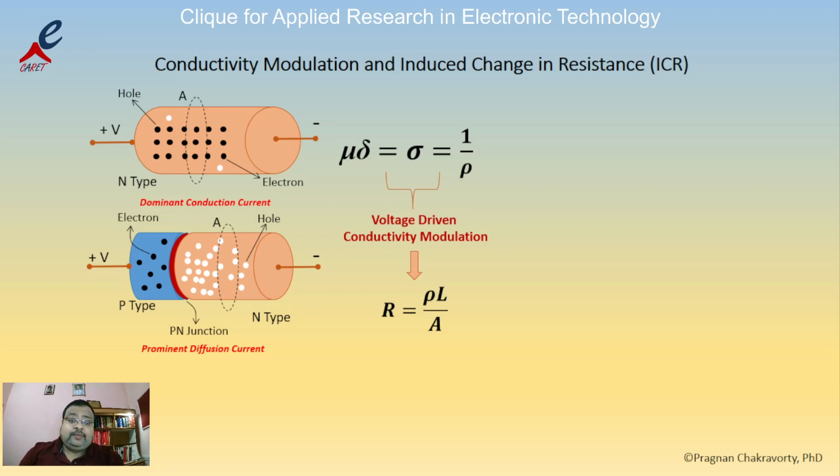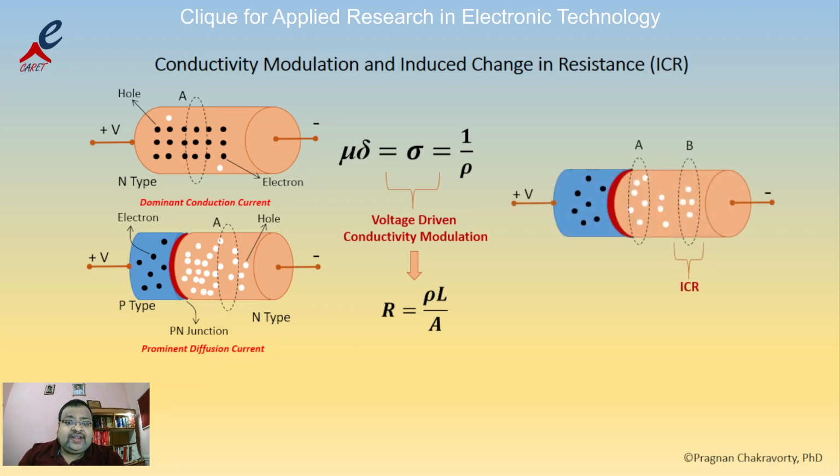Now we come to the most important part of this discussion, that is induced change in resistance. It is really simple to understand what this is all about. As we have already seen, a change in voltage in case of diffusion current changes the resistance at, say, cross section A. Now the same diffusion current, when it goes across to B, changes the resistance of that location as well.